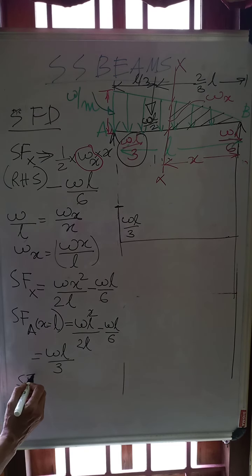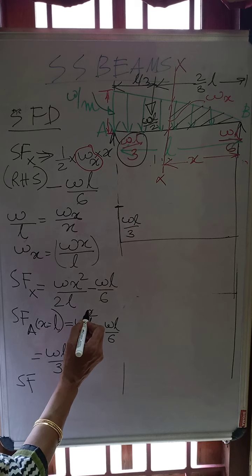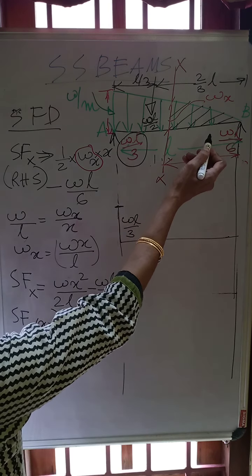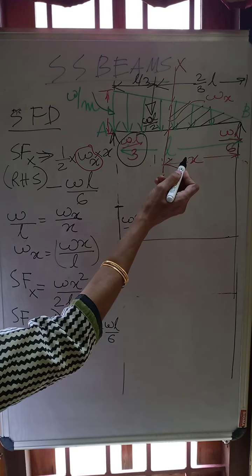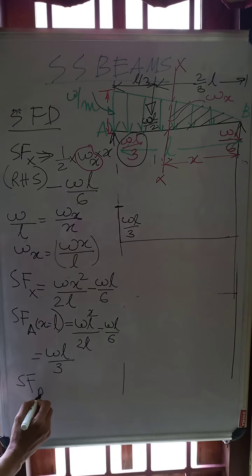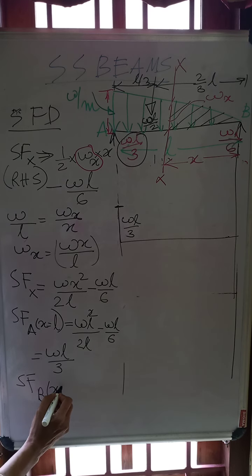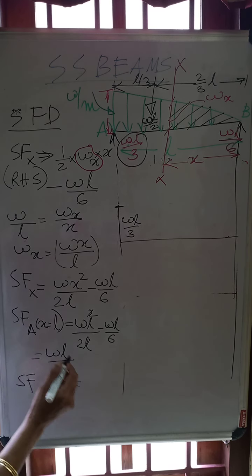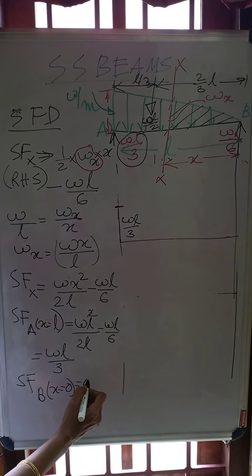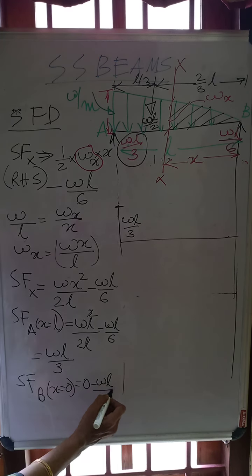This is downwards I have taken positive. Now I am going to take shear force at B, that is x is equal to 0. So what is the equation? First term becomes 0. This is minus WL by 6.